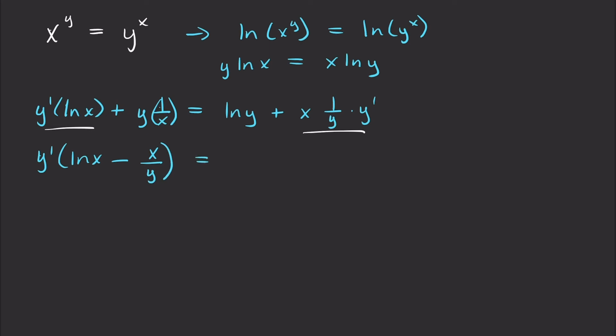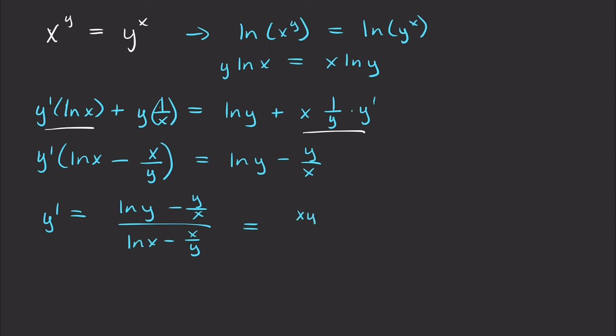Then I will move my y over x over, so I get ln of y minus y over x. And now, solving for y prime, I get ln of y minus y over x over ln of x minus x over y.